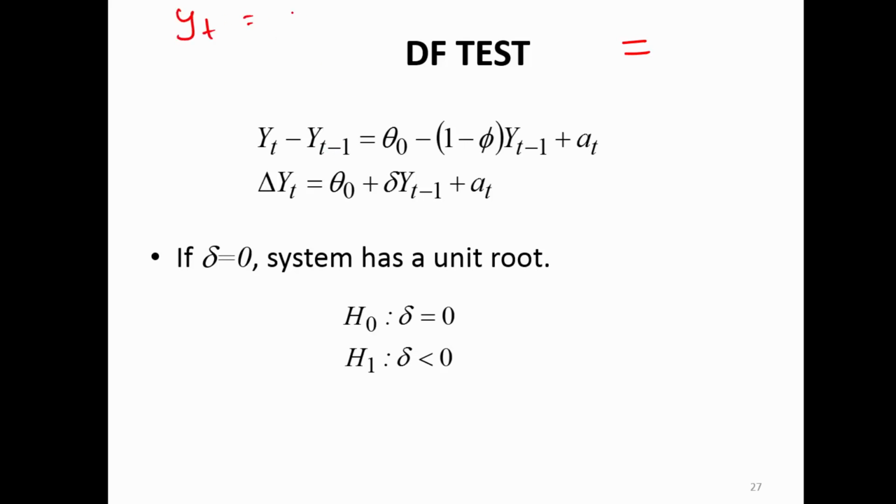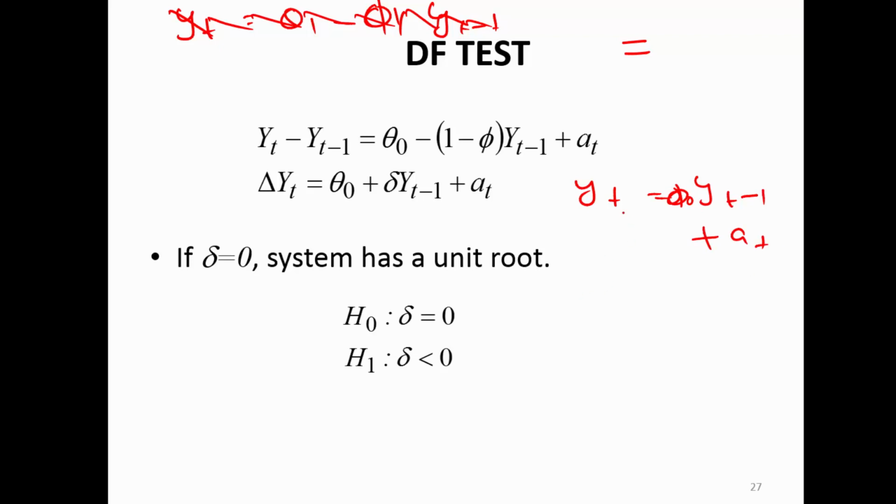We have yt equal to theta naught plus phi yt minus 1 plus at, and then we simply subtract yt minus 1 from both left and right. So yt minus yt minus 1 equals theta naught plus phi yt minus 1 minus yt minus 1 plus at.